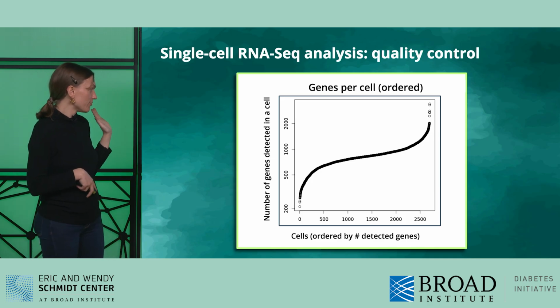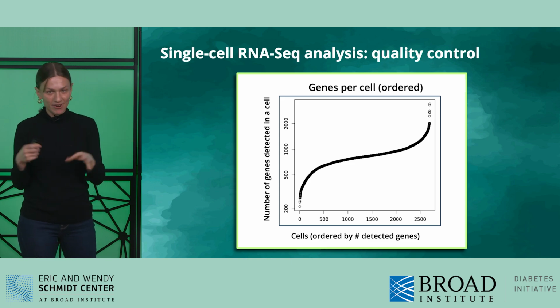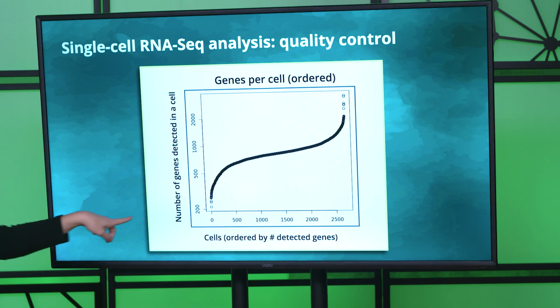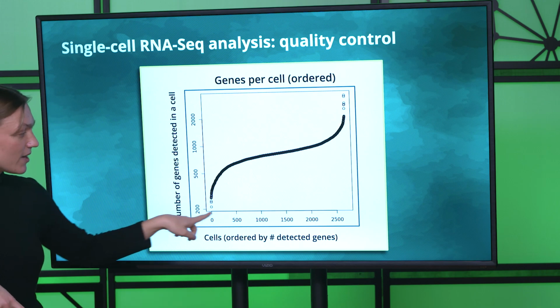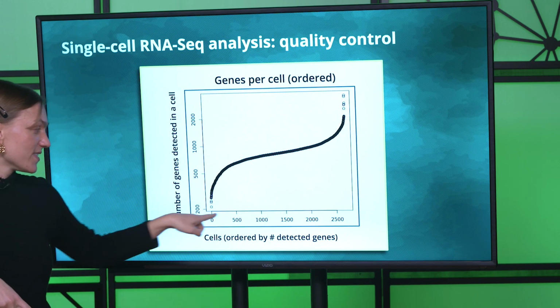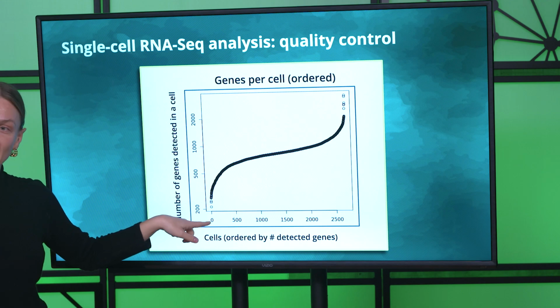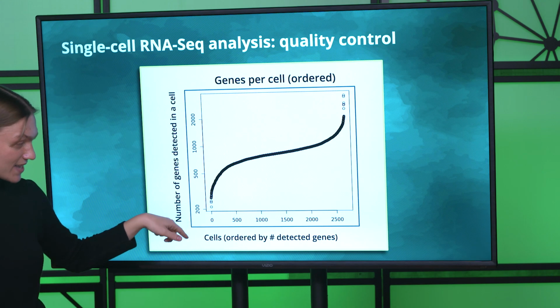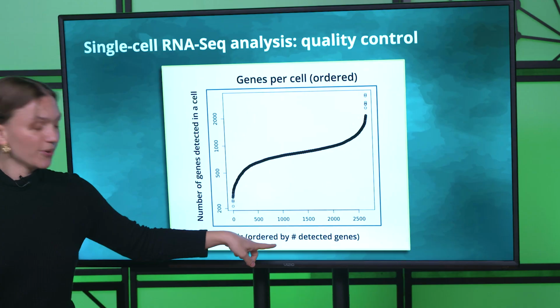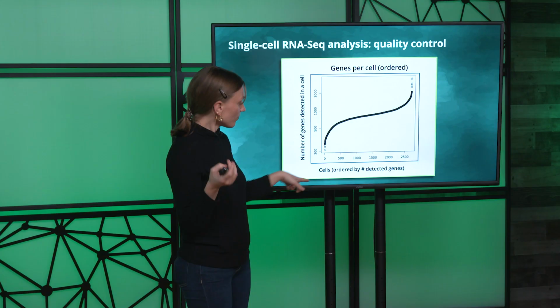We want to remove cells that have too many zeros and therefore seem low quality. What you see here on the x-axis is the cells ordered by a ranking of how many genes have a value of 0 in that cell. This is what we typically call the number of detected genes.